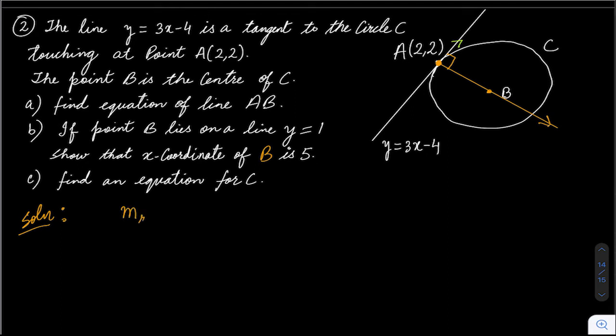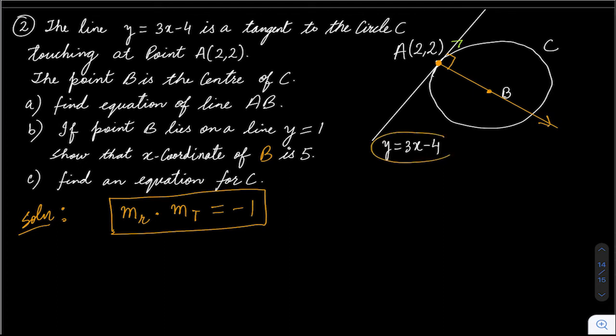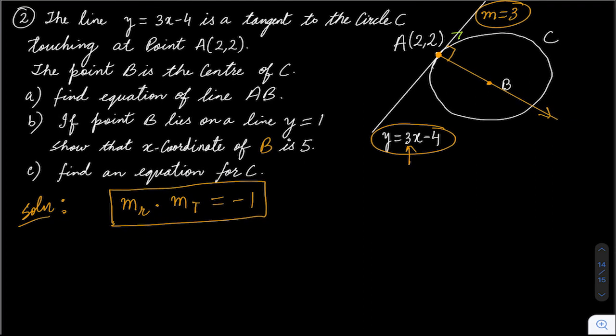Therefore the gradient of radius times the gradient of tangent should be -1. And in all cases, at least one gradient will be given. In this case what they have given is the gradient of tangent. What's the gradient of tangent? It is 3, because the line is y = 3x - 4, of the form y = mx + c.